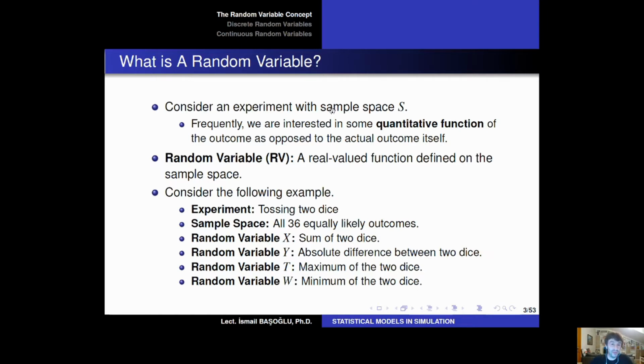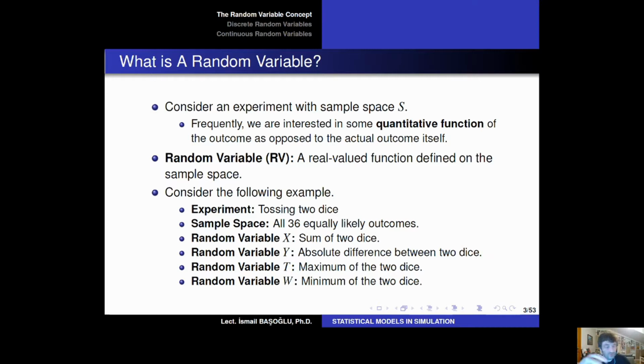Now, the sample space of that experiment is the list of the outcomes. If we can create a set from the possible outcomes of that random experiment, that is going to be called the sample space. And usually for random experiments, the sample spaces consist of qualitative outcomes.